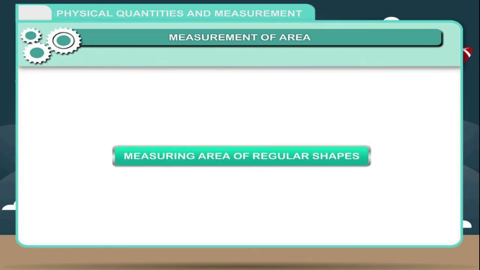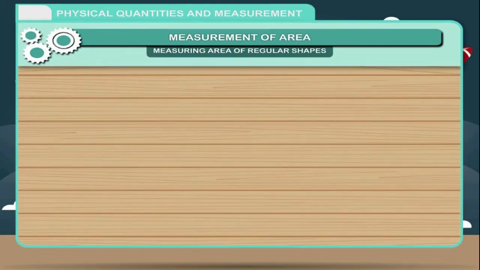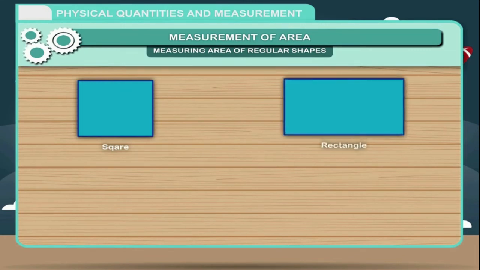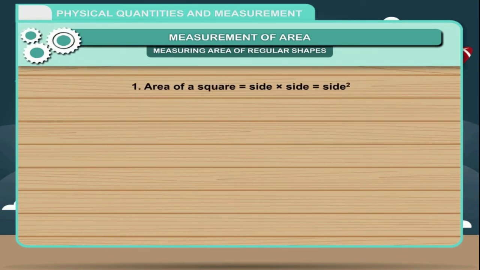Measuring area of regular shapes. The area A of a regular surface such as squares, rectangles and triangles can be calculated by using specific formulas. 1. Area of a square is equal to side into side, which is equal to side square. 2.